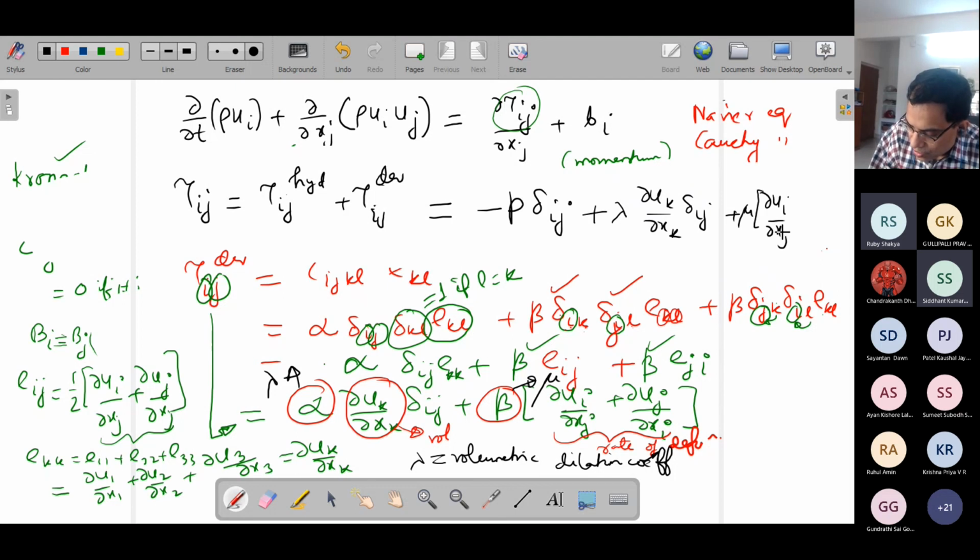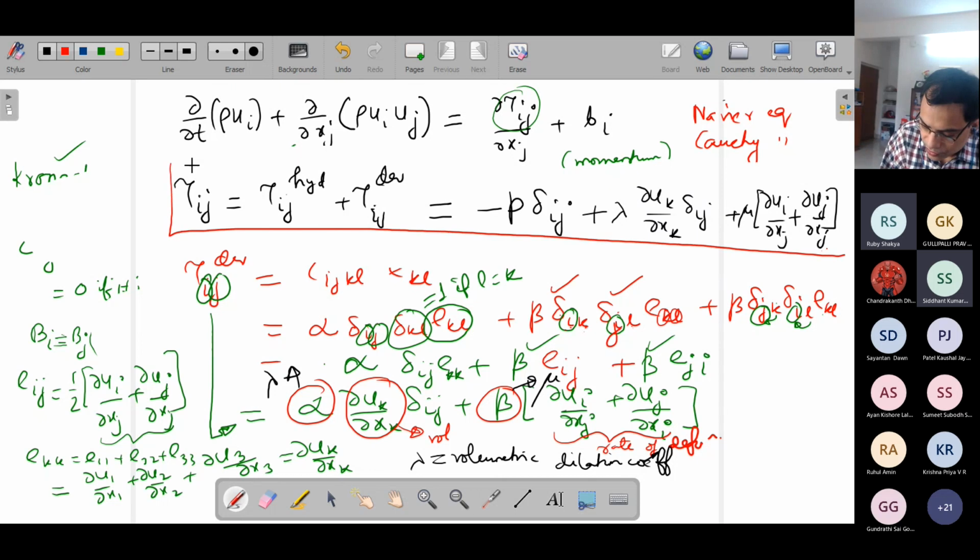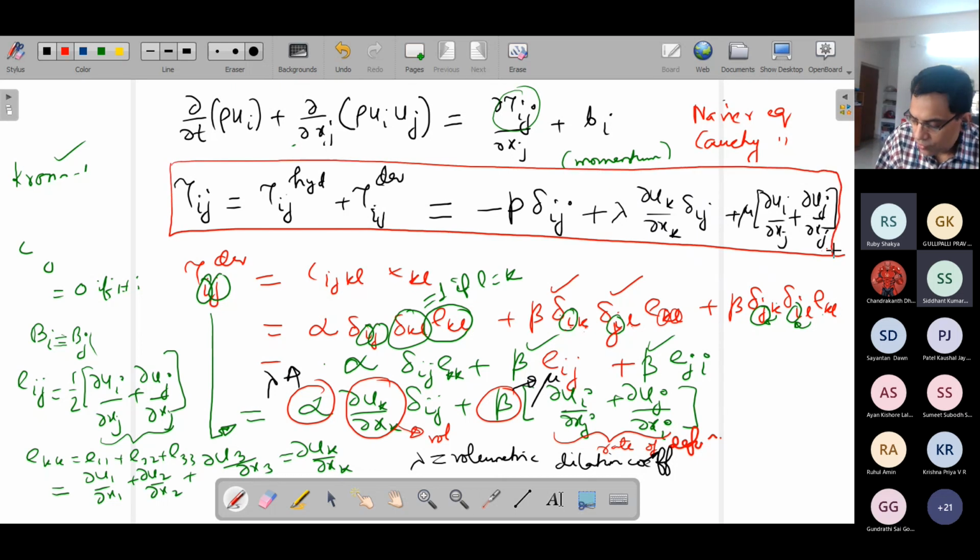So this is the manifestation of Newton's law of viscosity for homogeneous, isotropic and Newtonian fluid. I know that all of you are familiar with Newton's law of viscosity that you have read in high school and then junior college, that is tau is equal to mu du dy. And I have told you earlier that it is not wrong, because du dy is a special case of the rate of deformation.